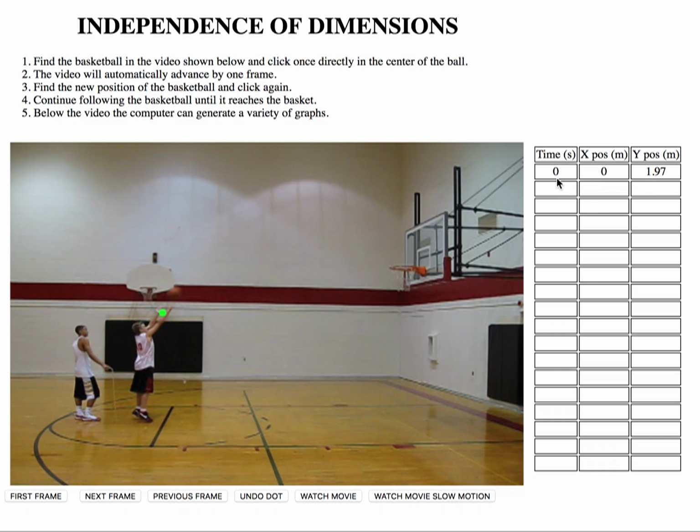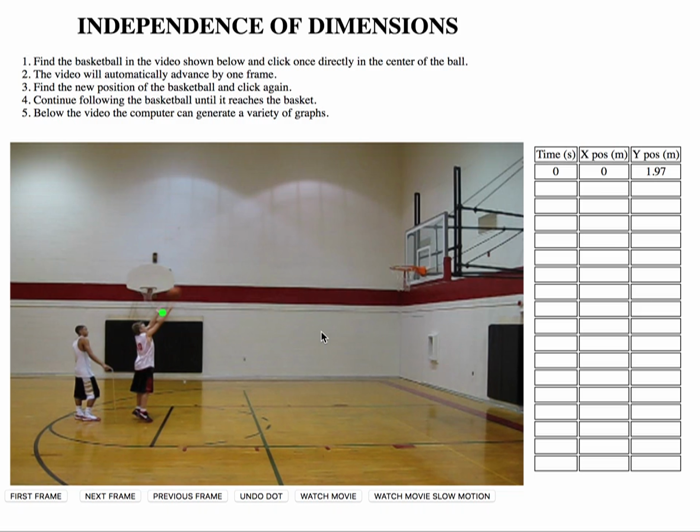At time 0, the X position was 0 meters and the Y position was 1.97 meters. The reason we have an initial Y position is because of the height of the basketball player. That's the distance from the green dot to the gym floor.